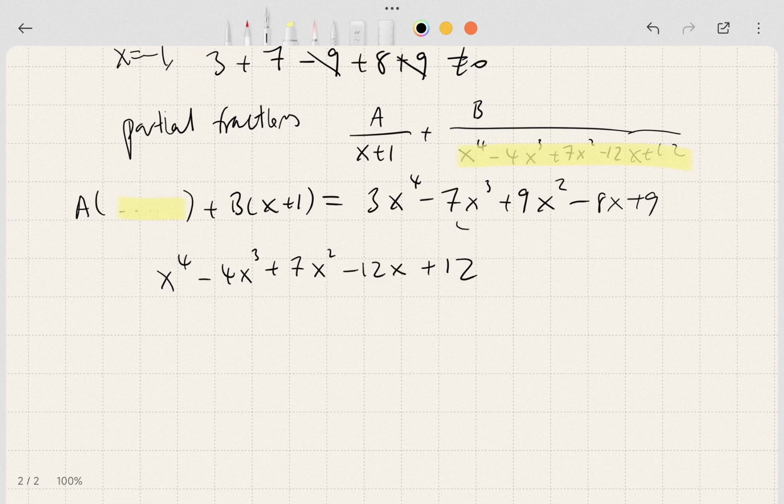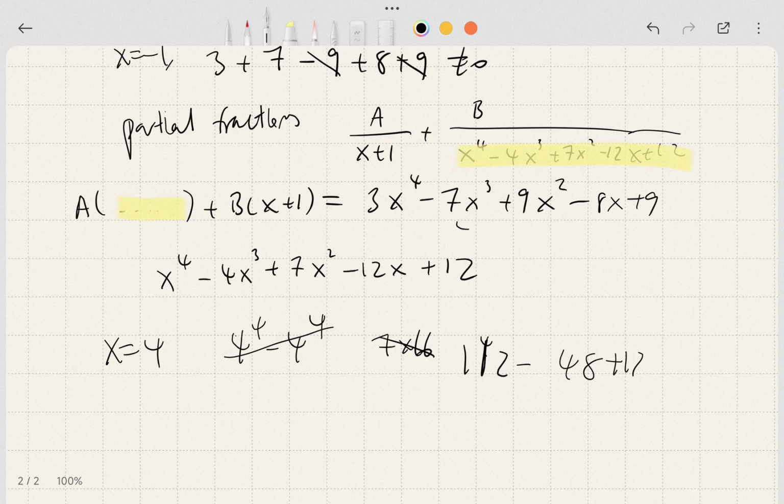Would 4 work? So x equal to 4, we get 4 to the power 4 minus 4 times 4 cubed, so it cancels out. 7 times 4 squared, 16, which is 112, minus 48 plus 12. Can't be 4.